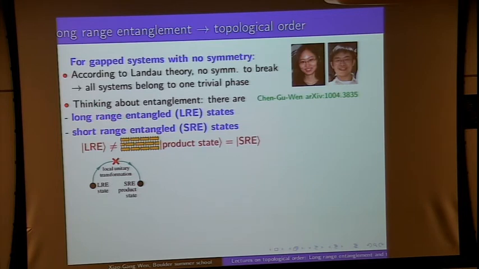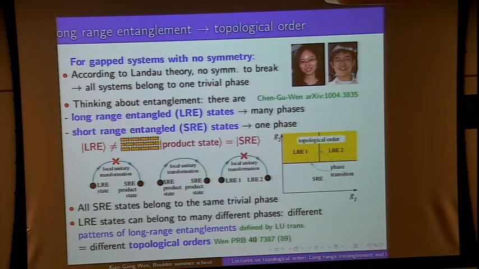But actually we have something more than that. Short-range entangled states are states which are connected to the product state by local unitary. Then we can easily see that any pair of short-range entangled states are connected by local unitary, almost by definition. So they all belong to one phase. Therefore, the states which connect to product states all belong to one phase.